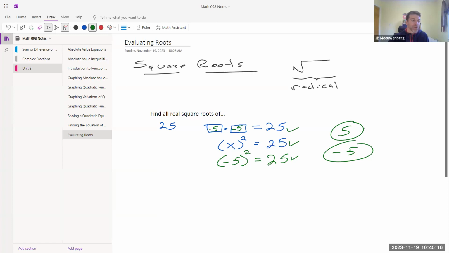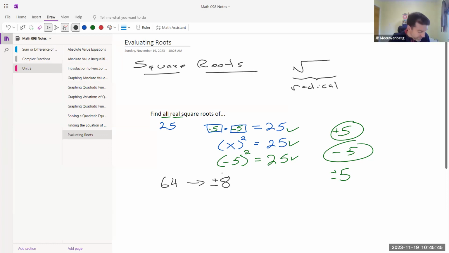It does. So when we say find all real square roots, we are talking about both the positive and the negative version of it. Sometimes we will see this, plus and minus 5. So if I said find all the real square roots of 64, you would say that all the real square roots are positive and negative 8.